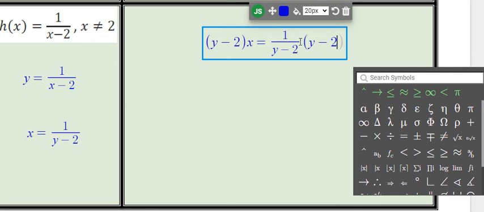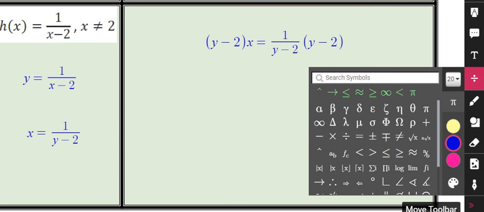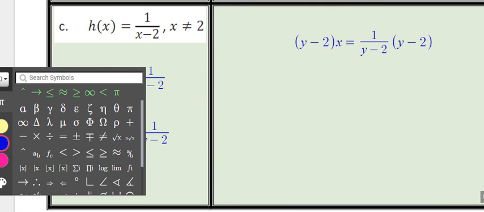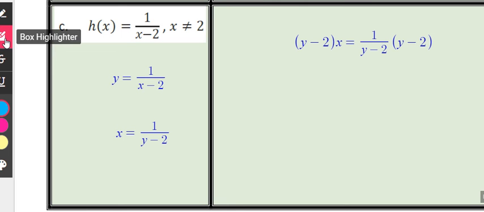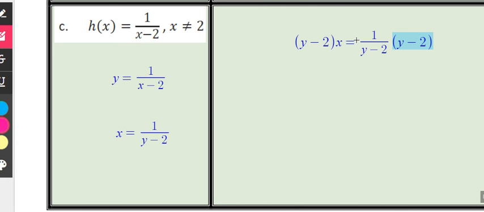And my entire goal here is to get y alone. So when I do this, it should be obvious, but I'm going to point it out anyway. This y minus 2 and the y minus 2 in our denominator cancel.